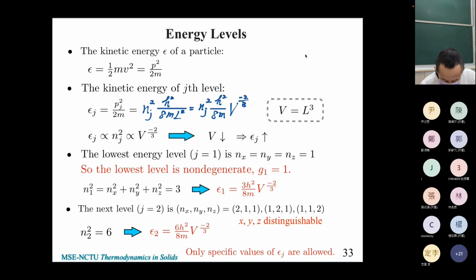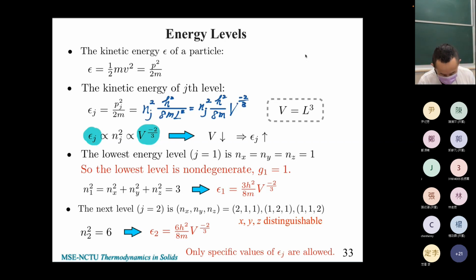Which means that when the volume decreases, your energy epsilon j will increase. That's how you can correlate them. This relationship we will use later, so be careful about this.